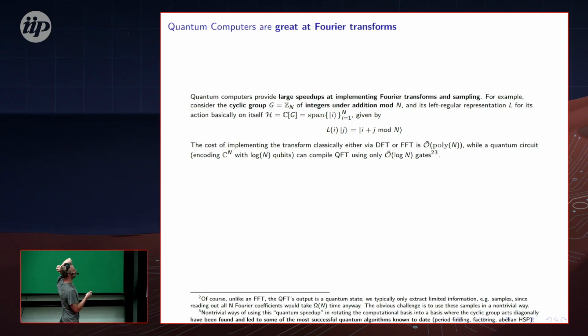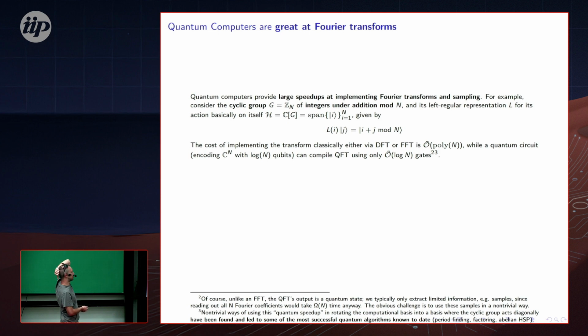That is the Fourier transform over the left regular representation of the cyclic group of integers under addition modulo n. As I already mentioned in the introduction, the cost of DFT or FFT is poly n, and the cost of QFT is only log n. But of course, DFT and FFT produce the whole Fourier spectrum for you. Instead, a quantum computer will only produce a state, and then you're going to have to sample.